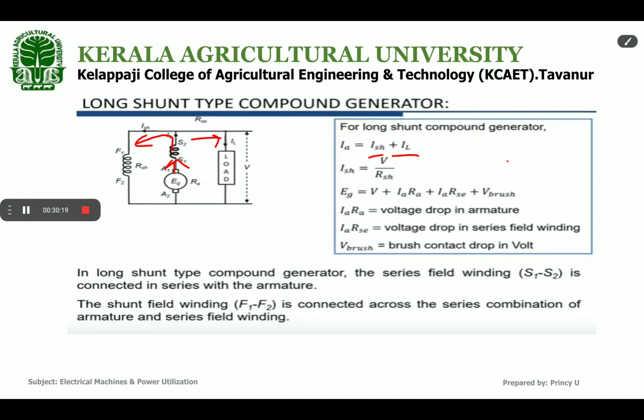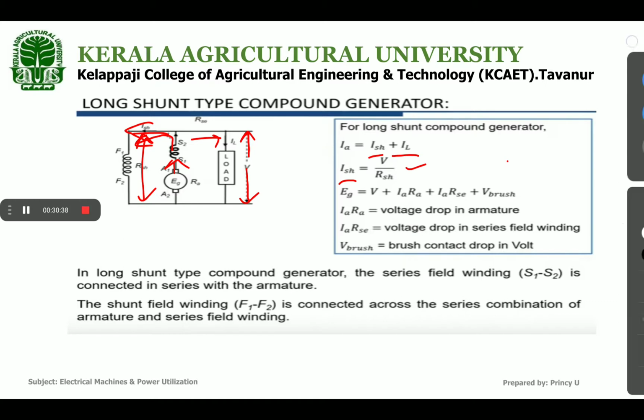And what is the shunt field current? ISH. Here you can see the voltage across the load will be the same as the voltage across the shunt field winding. So we can write it as V by RSH.